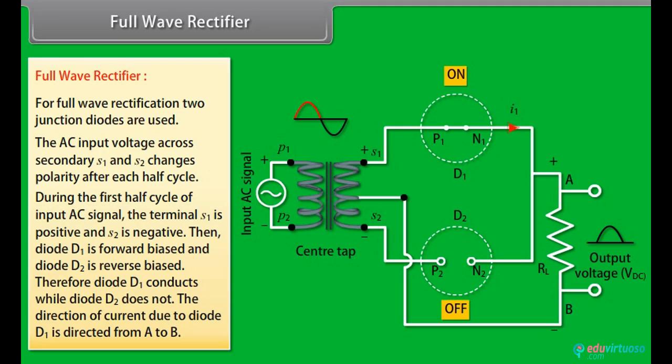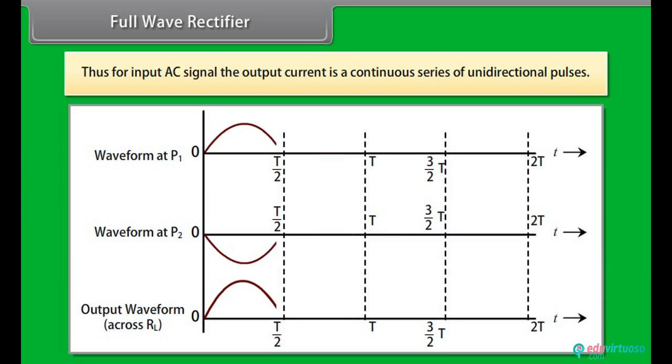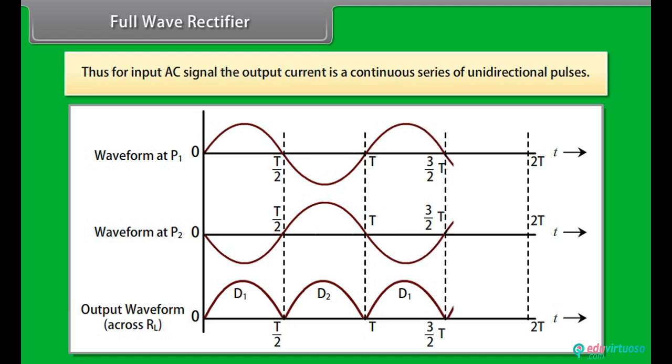The direction of current due to diode D1 is from A to B. In the next half cycle, the terminal S1 is negative and S2 is positive. The diode D1 is reverse biased and diode D2 is forward biased. Therefore, diode D2 conducts while D1 does not. The direction of current due to diode D2 is from A to B. Thus, for input AC signal, the output current is a continuous series of unidirectional pulses.